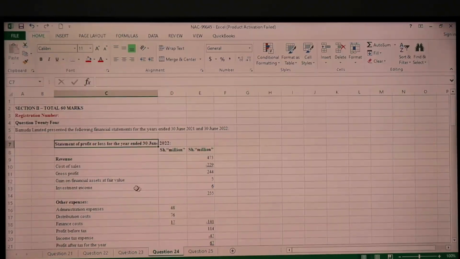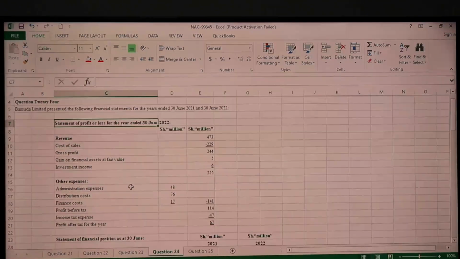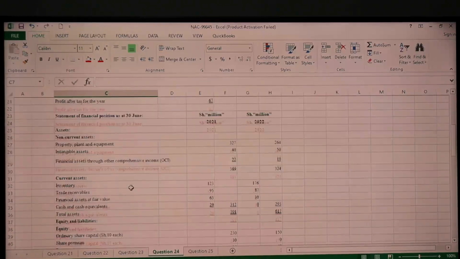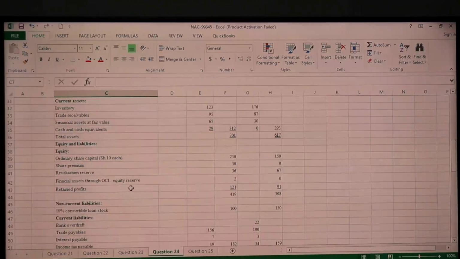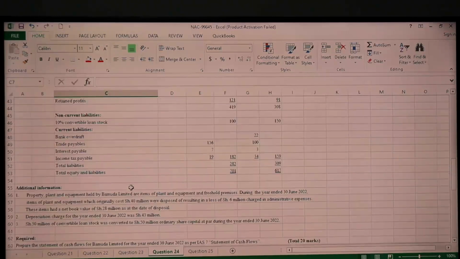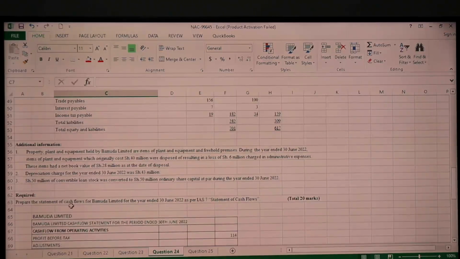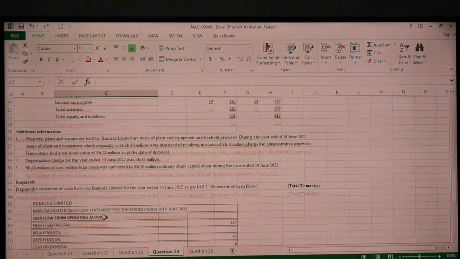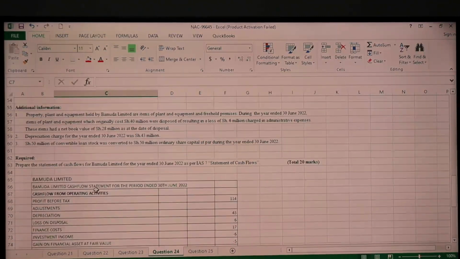Then question 24 was about what you're supposed to prepare. Here you are given another cash flow. You're supposed to prepare the statement of cash flow for the years given. We said that the most important thing is first to set up that format.